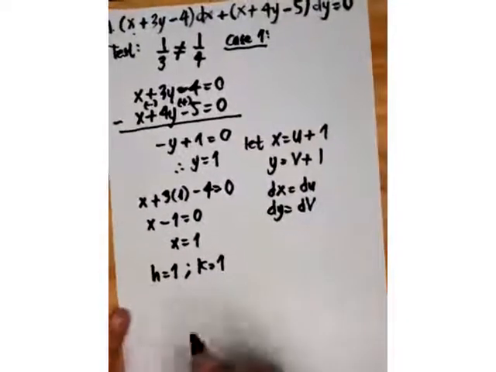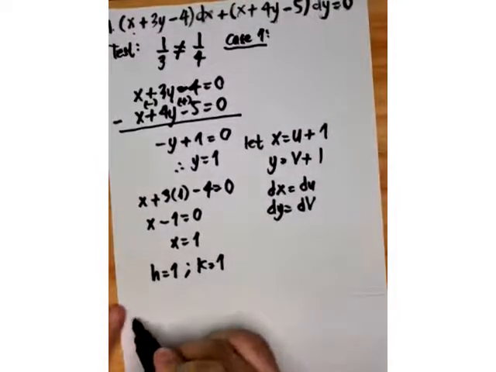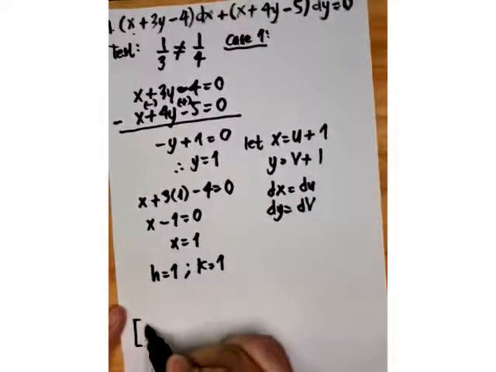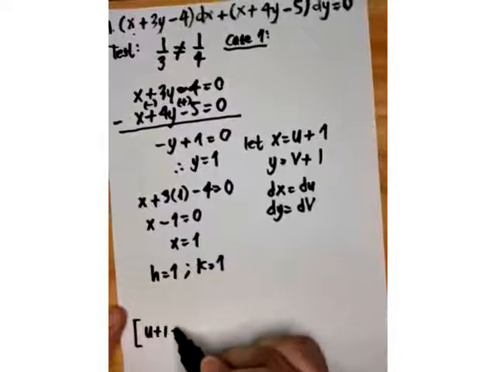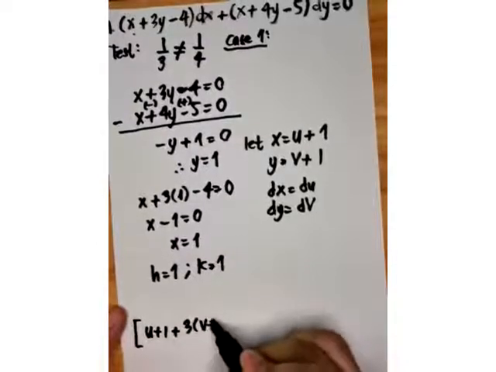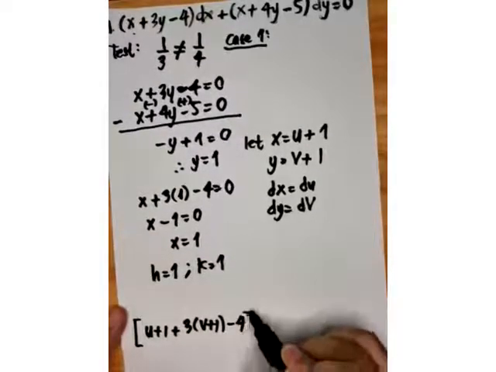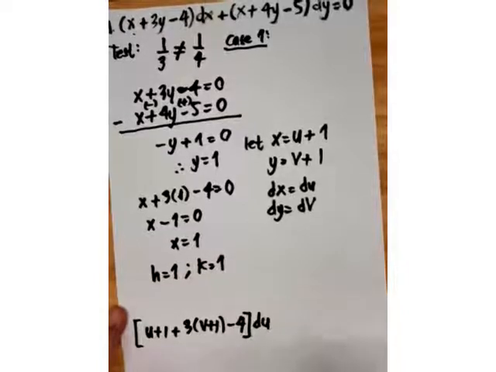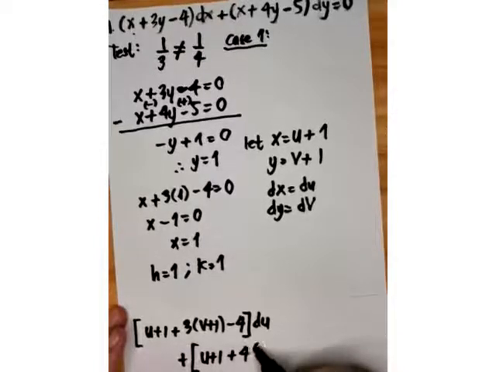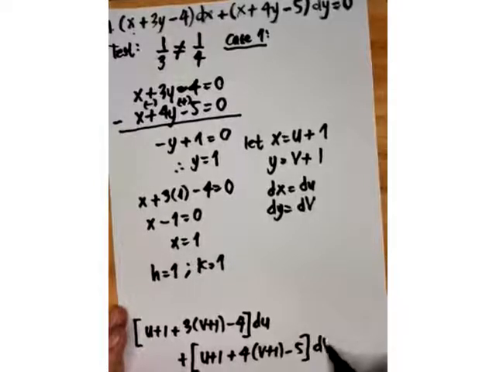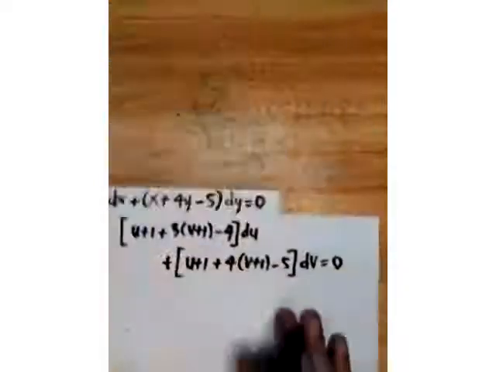So the quantity (u + 1) + 3(v + 1) - 4 du plus quantity (u + 1) + 4(v + 1) - 5 dv is equal to 0.